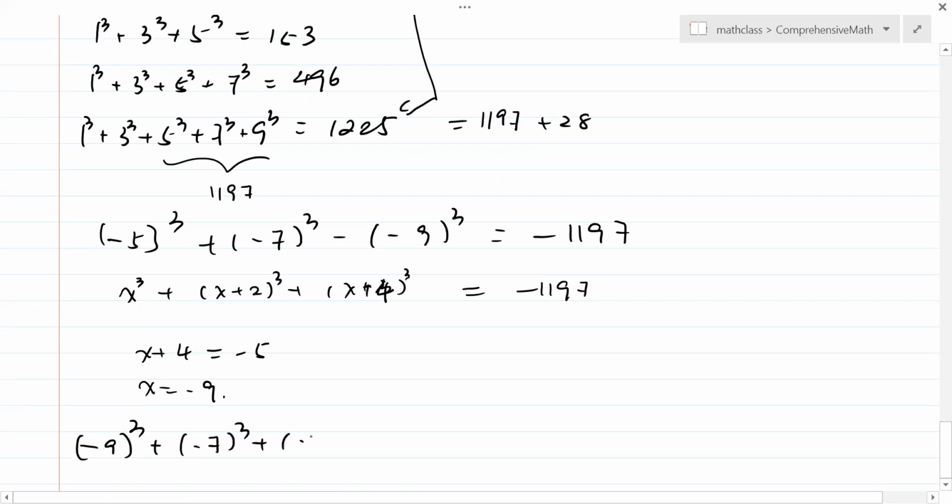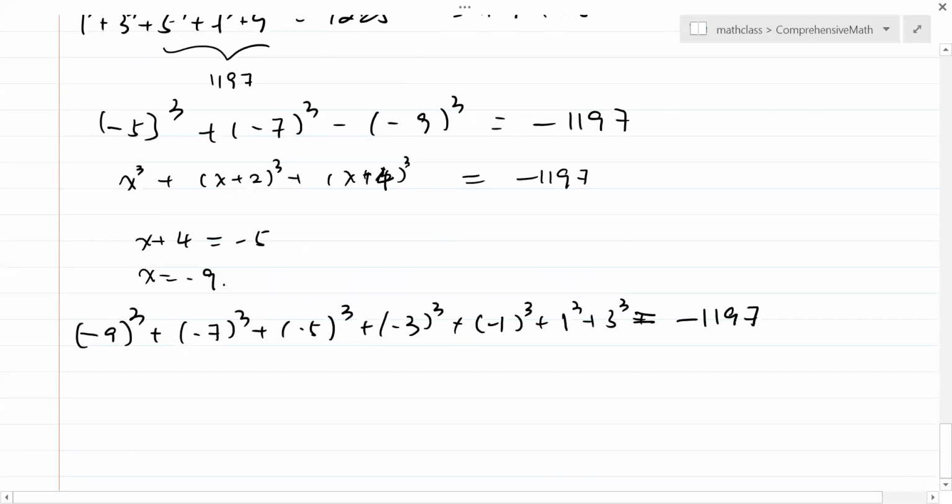Add more terms, going this way: negative 3 cubed, negative 1 cubed, plus 1 cubed, plus 3 cubed, plus 3 cubed. That's it. Then this is still going to be 1197. Then from here you can figure out the n. You increase the n. x is still negative 9, but the n is larger than 3.